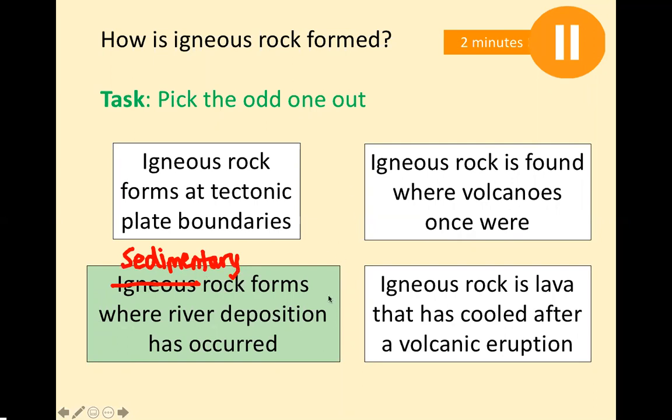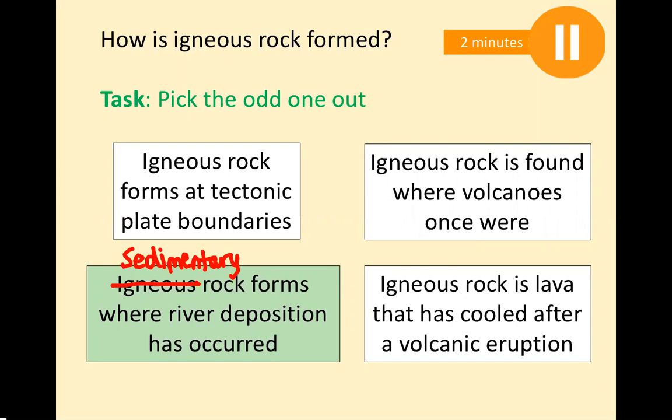Areas that have mountains are often where volcanoes used to exist, so they're extinct. Mountains are often extinct volcanoes. This is if it's a certain type of plate boundary. But the odd one out is the odd one out because these three statements are all correct in relation to how igneous rock is formed, okay?